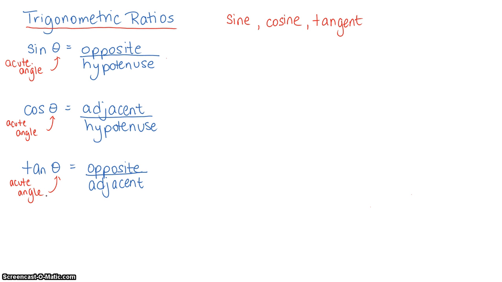Sine has a ratio between two of the side lengths, opposite over hypotenuse. Cosine has a ratio of adjacent over hypotenuse. And tangent has a ratio of opposite over adjacent. Now to help you remember this, because you do need to memorize these relationships, there is SOHCAHTOA.